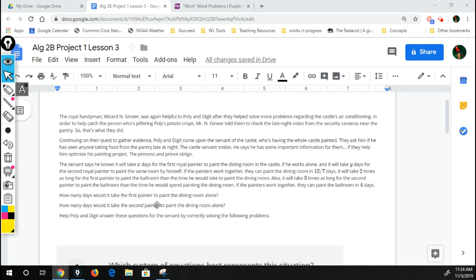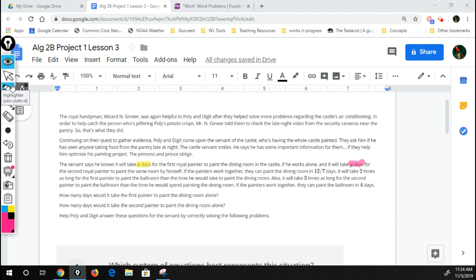So the first thing that comes to mind here is we have 2 different variables: X days for the first painter to paint the dining room, and then we have Y days for that second painter to paint the same dining room. 2 variables. I'm thinking to solve this, we need 2 equations.